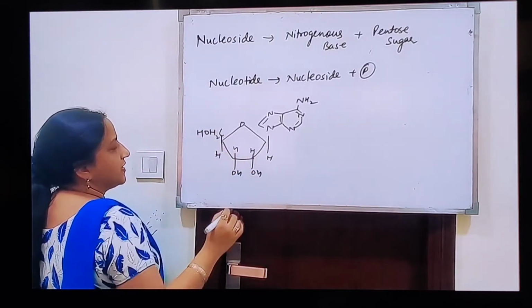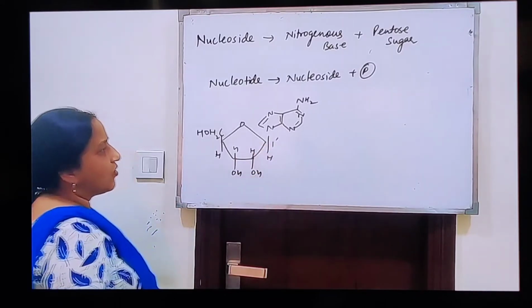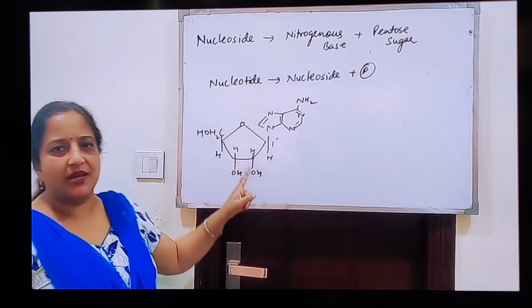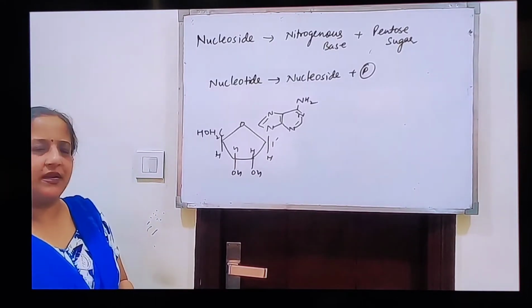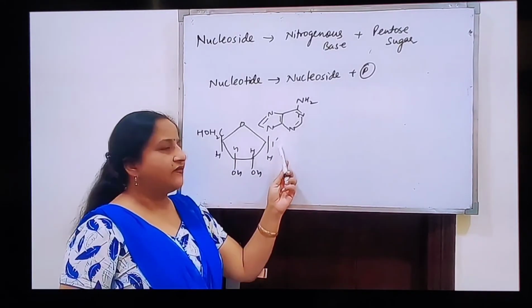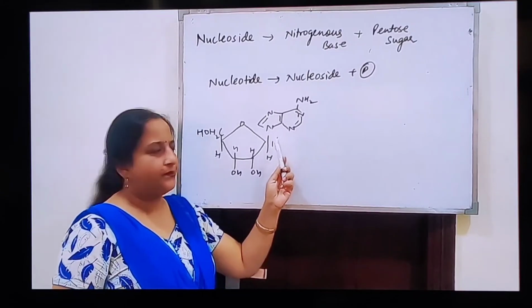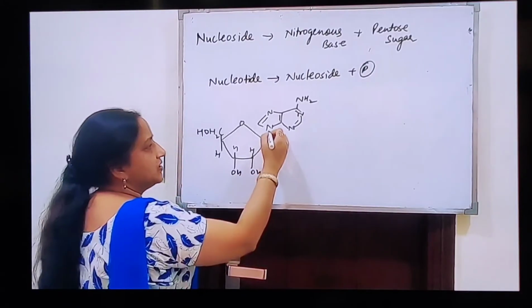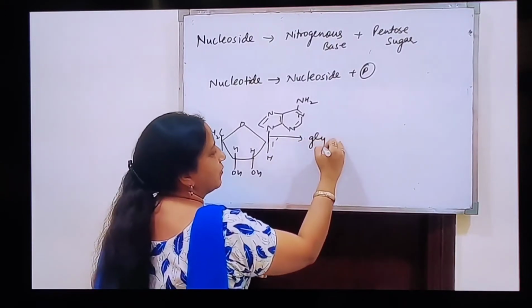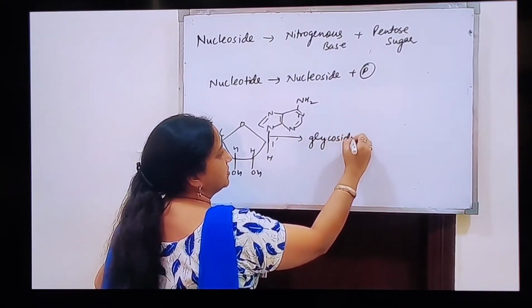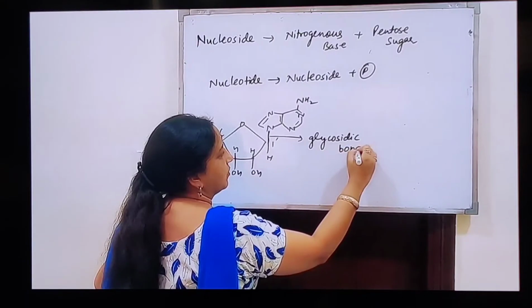So children, as you can see, the base is always attached at 1' carbon. The nitrogenous base, whether it is purine or pyrimidine, is always attached at 1' carbon of the sugar. And the bond which joins sugar with the base is known as glycosidic bond.